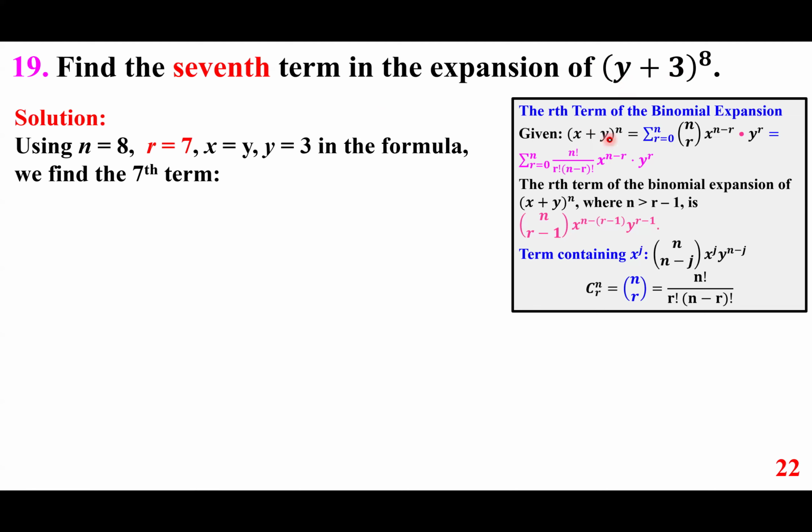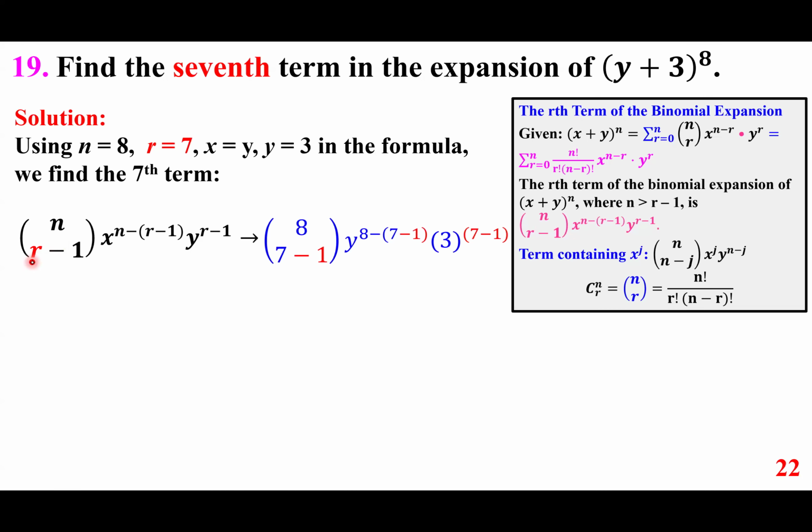So we want to find the seventh term using nC(r-1), x to the power of n minus (r minus 1), y to the power of r minus 1. I'm going to go through that, but then I'll show you an even easier way. Replace the n with 8 and r with 7, and work it out.